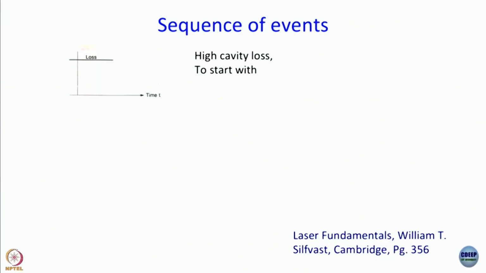Q switching is a technique by which one cannot produce femtosecond pulses, one can produce picosecond and nanosecond pulses, but these are called giant pulses, pulses that have a lot of energy. And in fact, you could do something else.